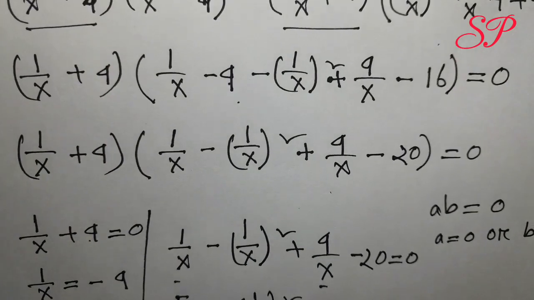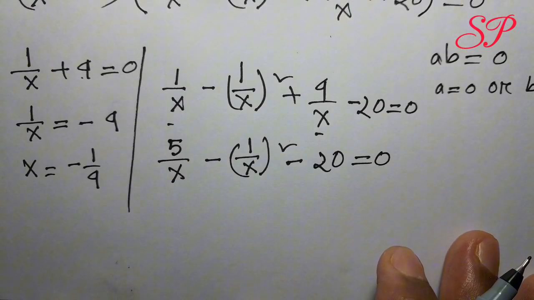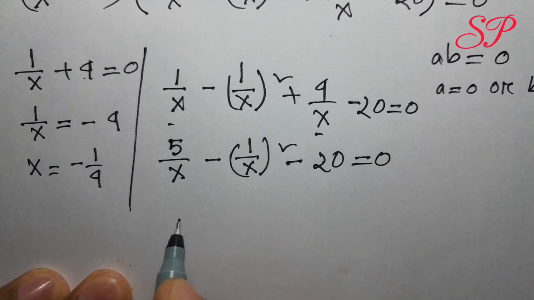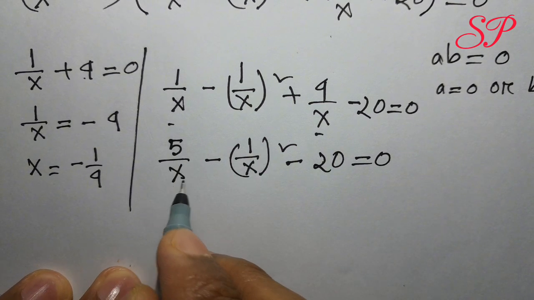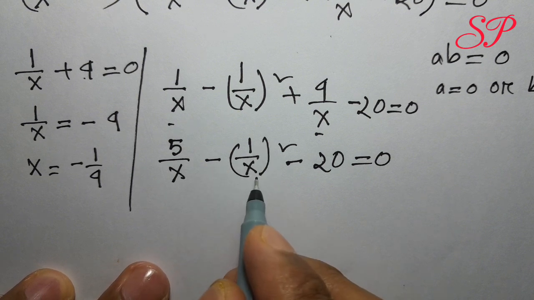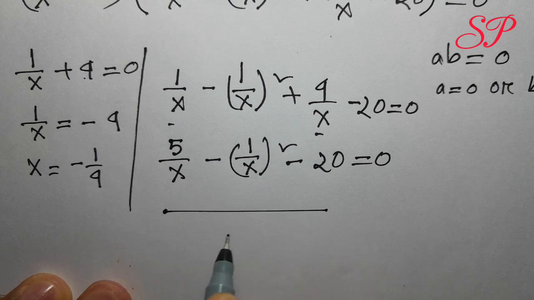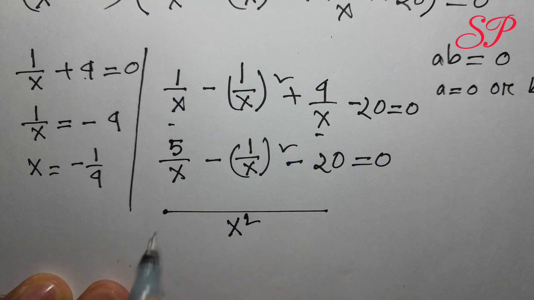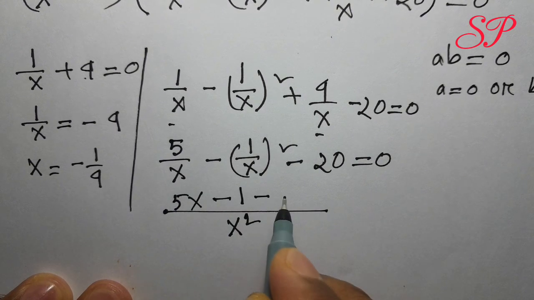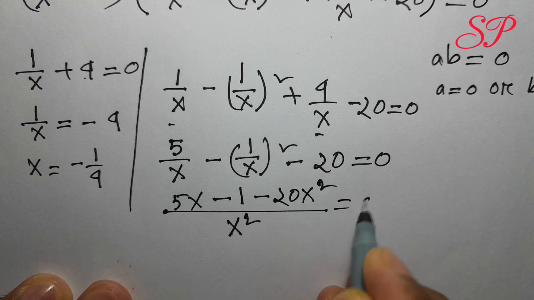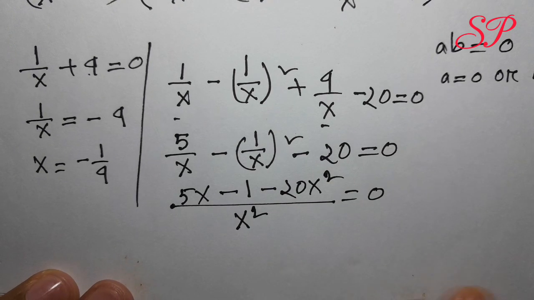Then we can write here 5 by x minus 1 by x square minus 20, as the LCM is x square. So we can write 5x minus 1 minus 20x square is equal to 0.